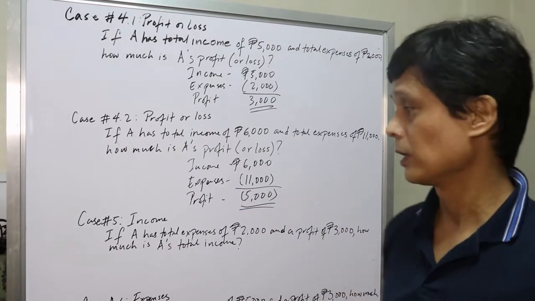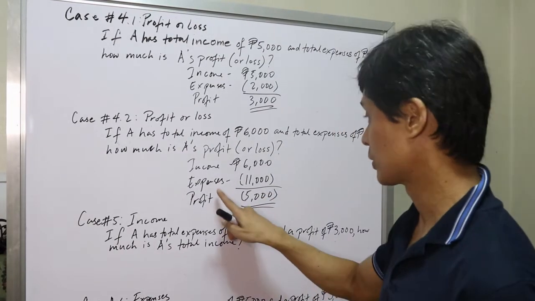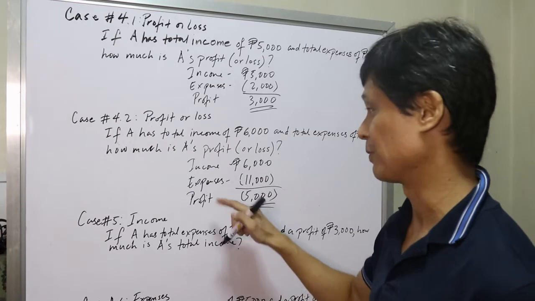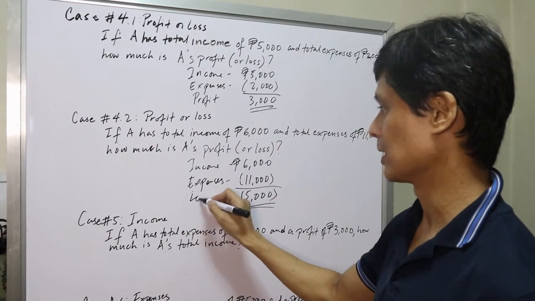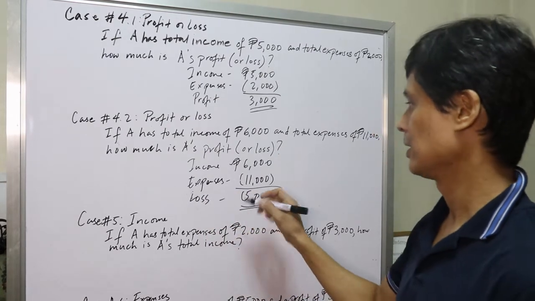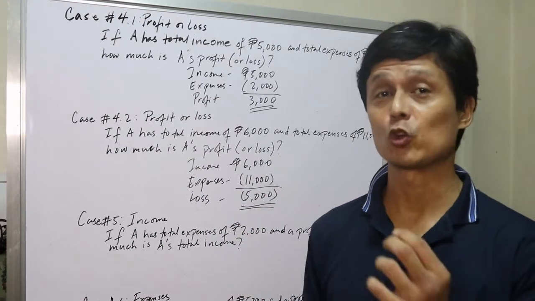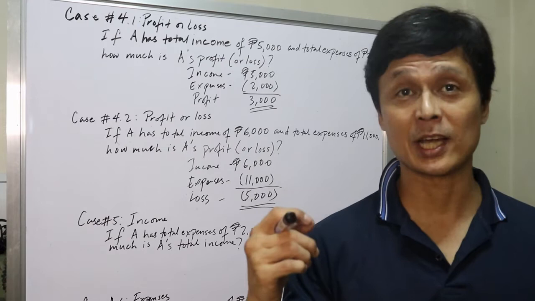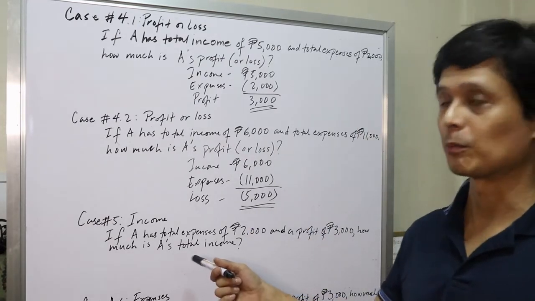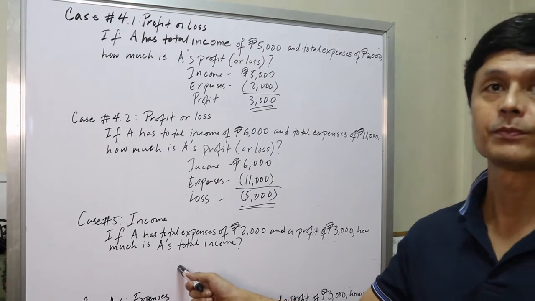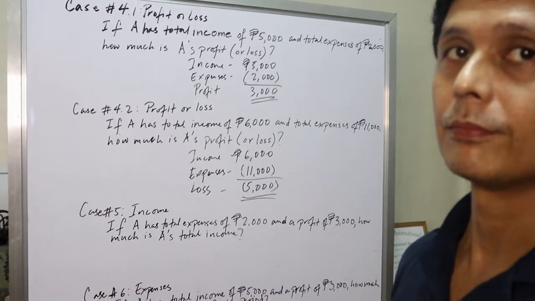So this would be negative or loss. So there's such a thing as negative profit. So loss yan, no? Profit or loss. So this is a loss incidentally, not a profit. Kasi mas malaki yung expenses kesa dun sa income. Now, going to case number 5 here. So let's do this forward.